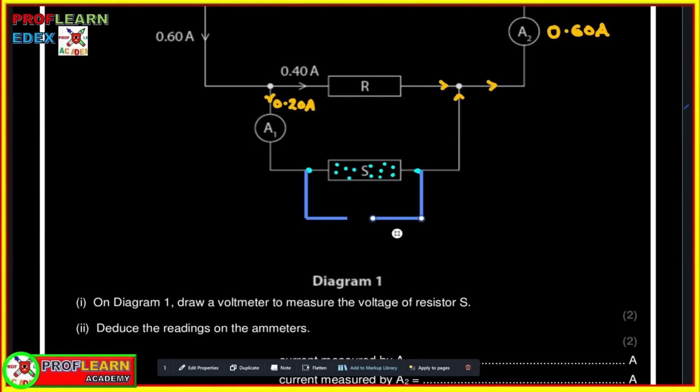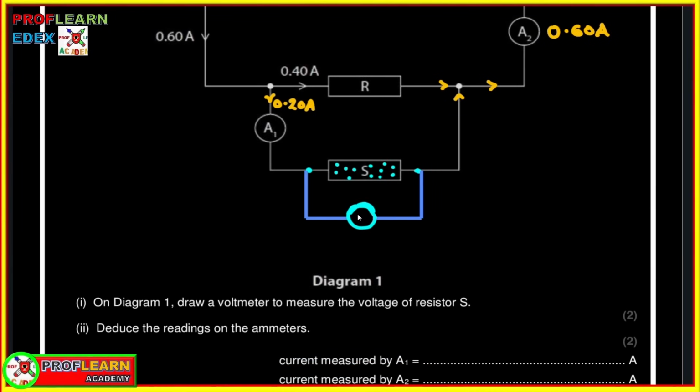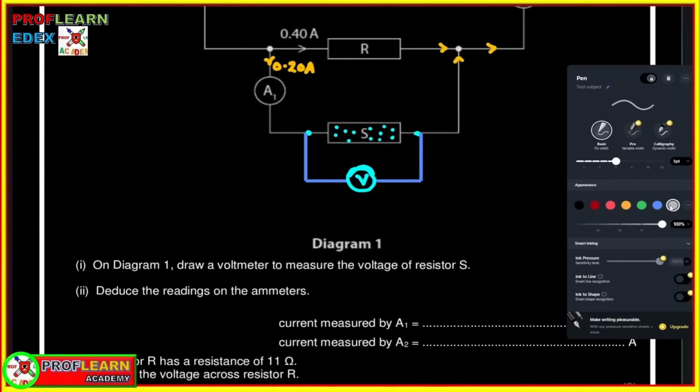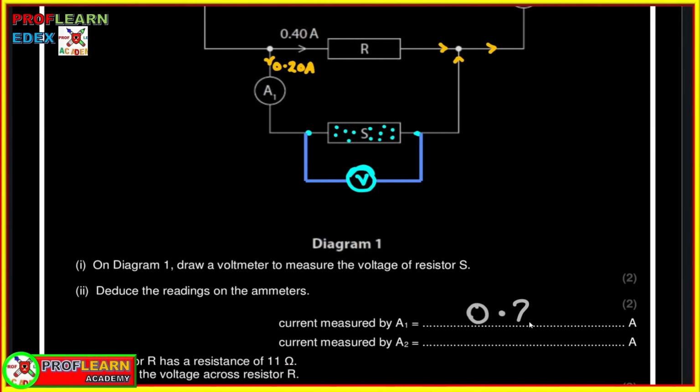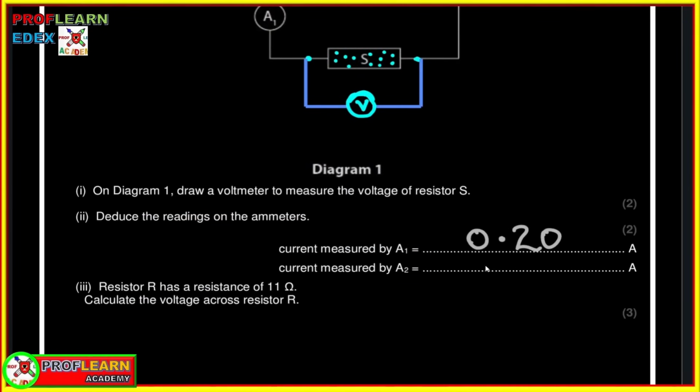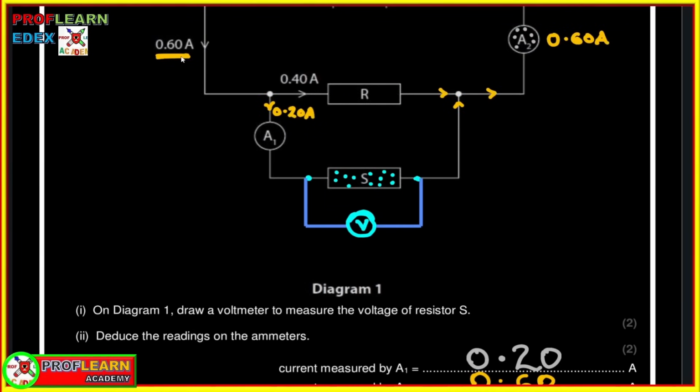Whenever you see a question telling you to add a voltmeter, you need to add it in parallel, in the way I've drawn at that given point. So we move right down here. We already wrote what the current in ammeter 1 is, and also in ammeter 2 the current should be 0.06 amperes in that case.